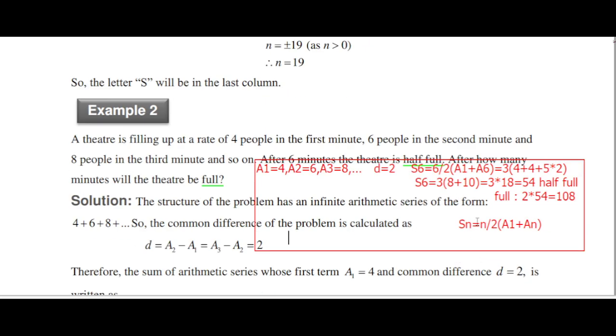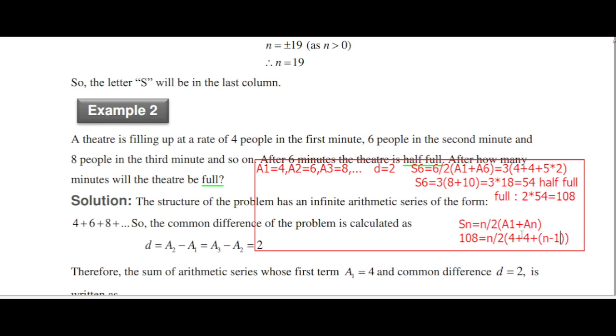Sn we have here 108, is equal to n over 2 into a1. Here we have 4 plus n minus 1 times d. An will be a1, 4 plus n minus 1 times d.